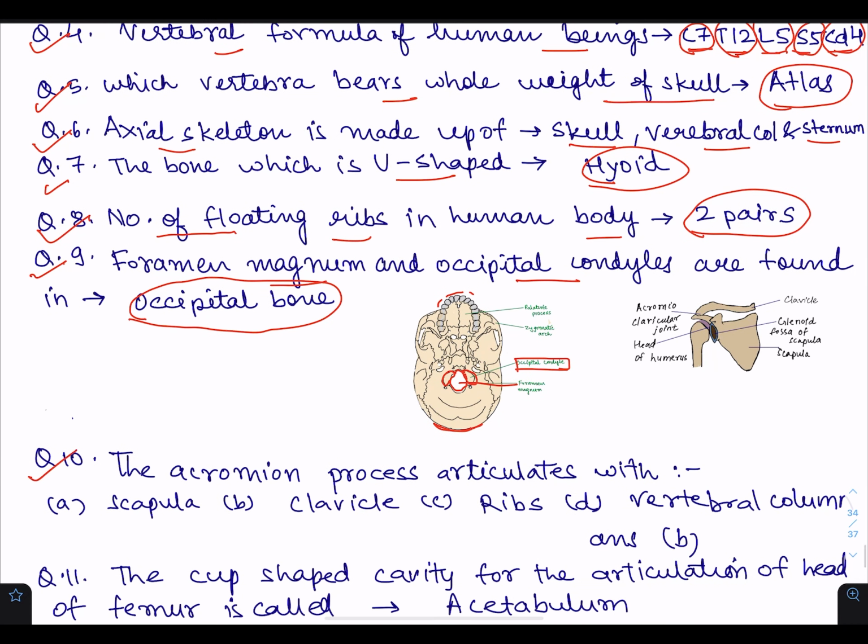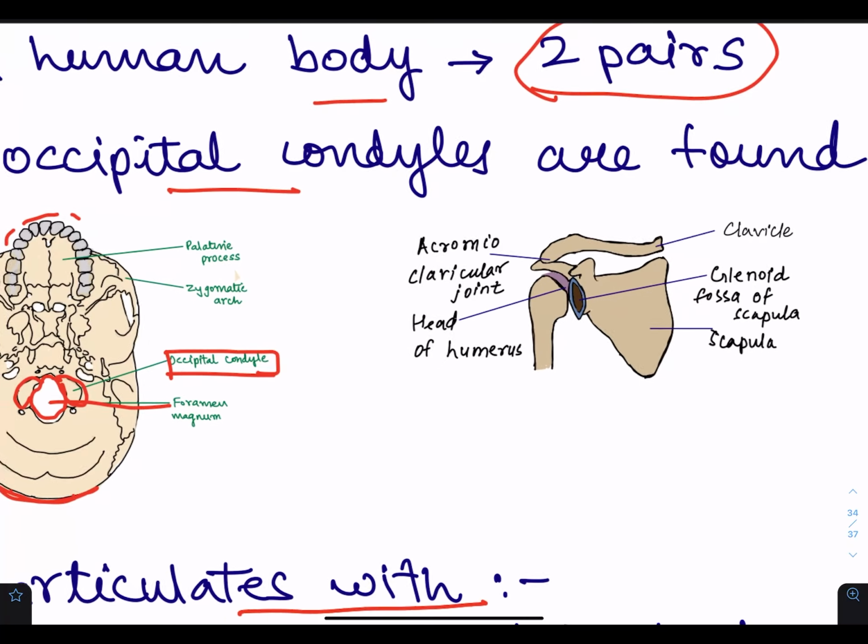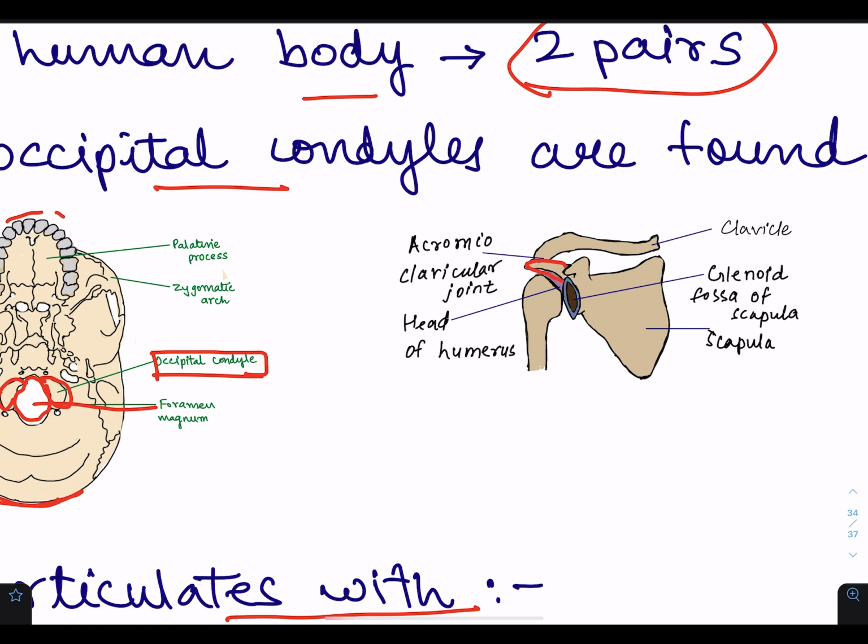The next question, the acromion process articulates with. The options given are scapula, clavicle, ribs, vertebral column. So the answer is clavicle. Let us have a look at the diagram. See, this bone as a whole is scapula, and this part is known as the acromion, and the clavicle is attaching here, so this is the acromioclavicular joint.